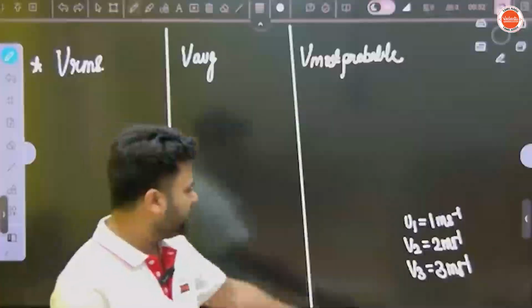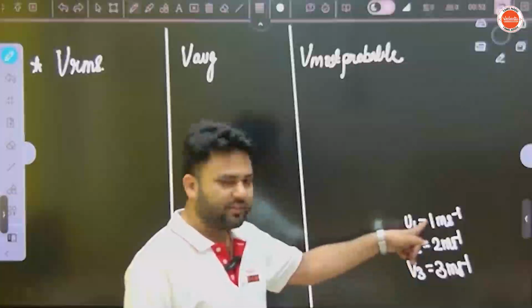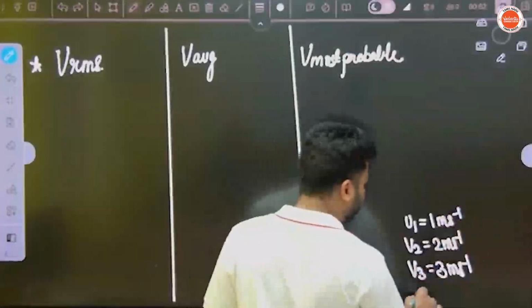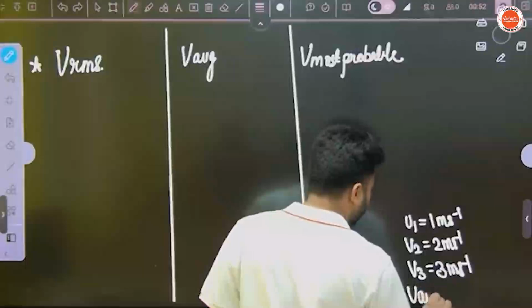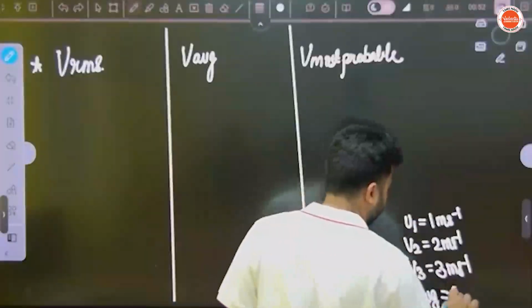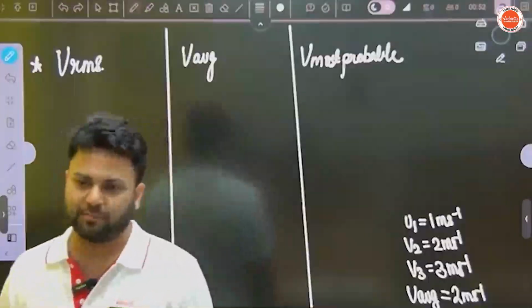So if someone asks what is the average speed, so 3 plus 2 is 5, plus 1 is 6, 6 divided by 3, that is 2 meters per second. This will be the average speed.